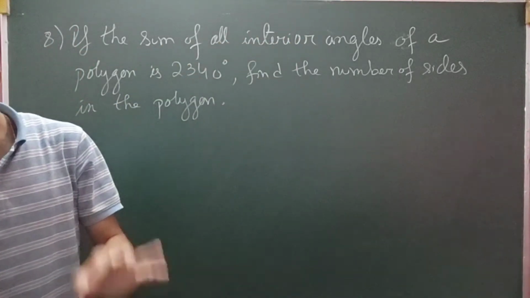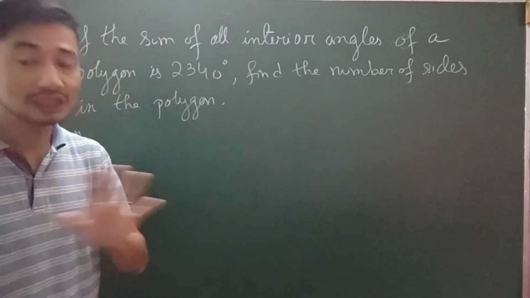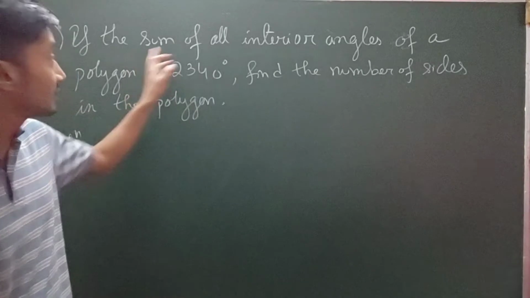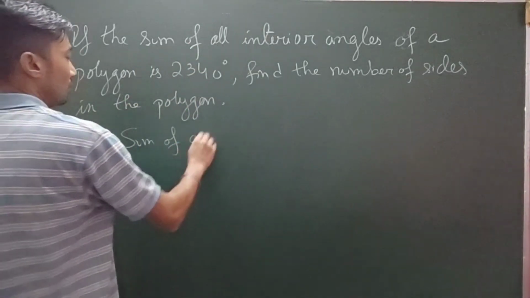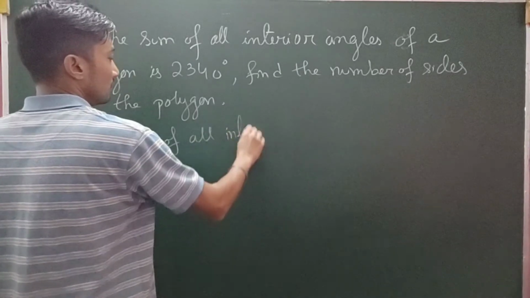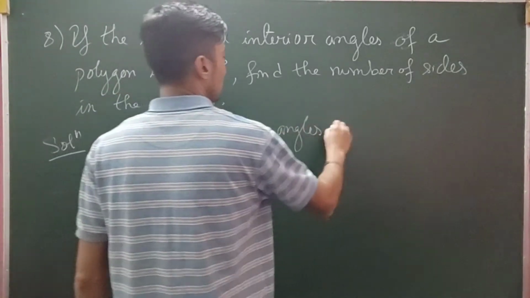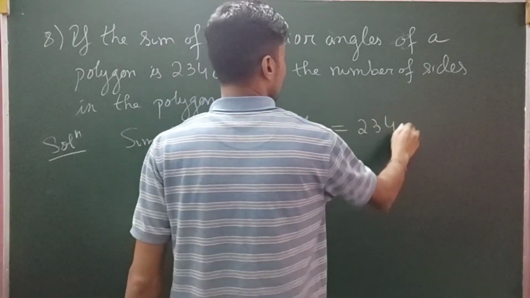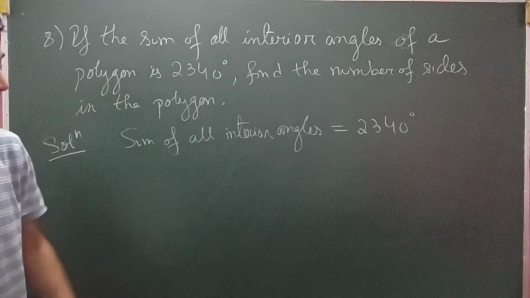What was given was each interior angle, not the sum. Here, the sum of all the interior angles of the polygon is given. With the help of this, we will find out the number of sides.